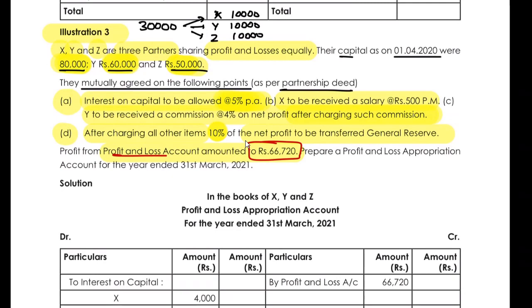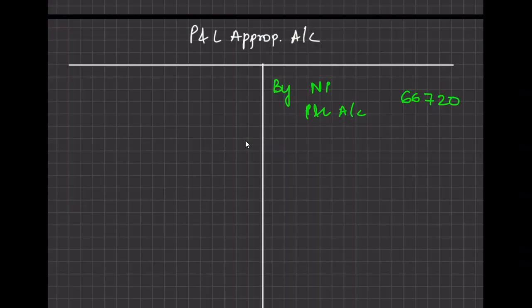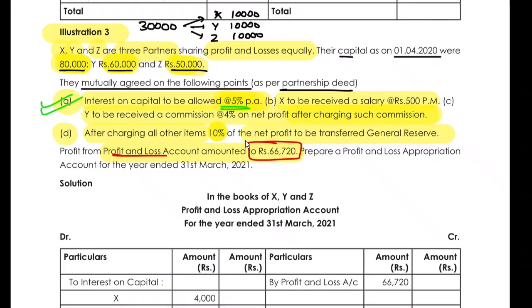Second, now I have to give interest of 5% to all of the partners. That would be an expense, so I will debit it to interest on capital. It will be provided to X, Y, and Z. X has a capital of 80,000.